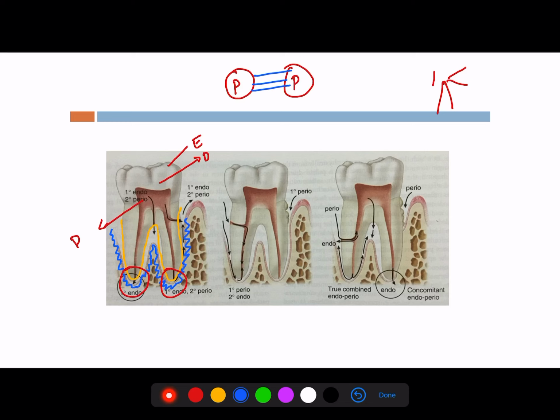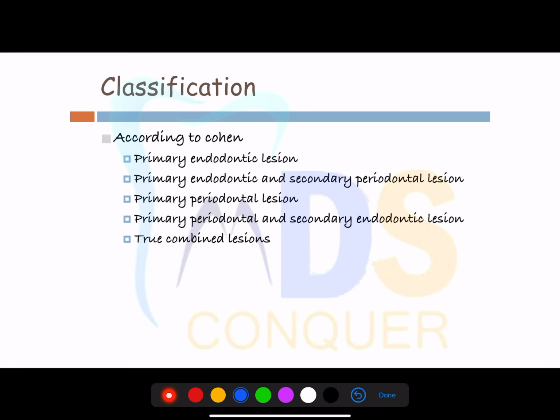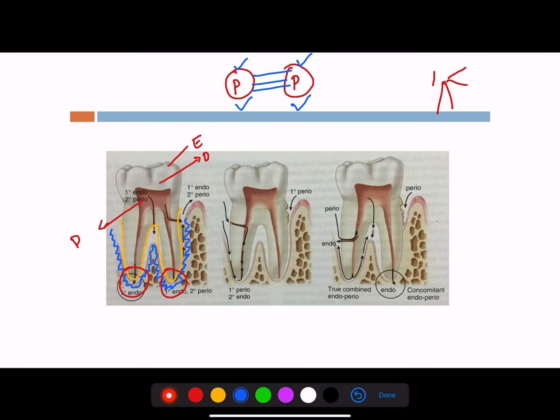Whenever you have a communication, only then will the infection from one area, the pulp, spread to the periapical tissue or periodontium, or the periodontium spread to the pulp. So that is the relationship between the pulp and periodontal tissue we are going to talk about. The main important aspect you have to make a note of is what the communications are.